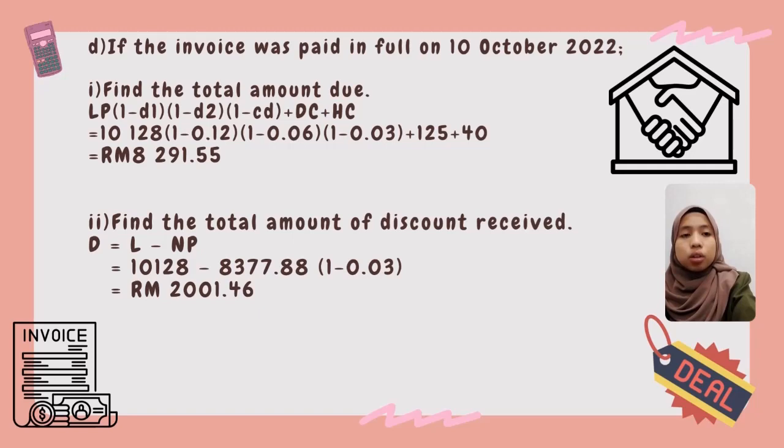The 1 minus 0.03 in the bracket is the cash discount and it must be included. So the answer is 2,001 ringgit and 46 cent.